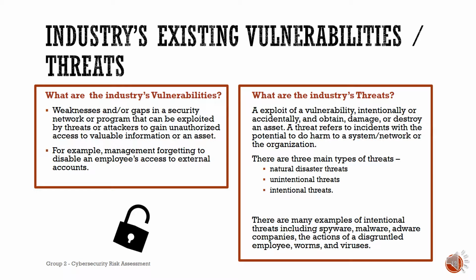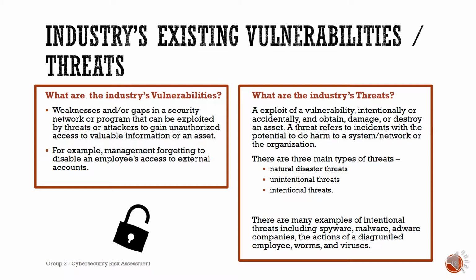A threat is anything that can exploit a vulnerability, intentionally or accidentally, and obtain, damage, or destroy an asset. A threat refers to incidents with the potential to harm a system, network, or organization. There are three main types of threats: natural disaster threats, such as floods or tornadoes; unintentional threats, such as an employee mistakenly accessing the incorrect information; and intentional threats.